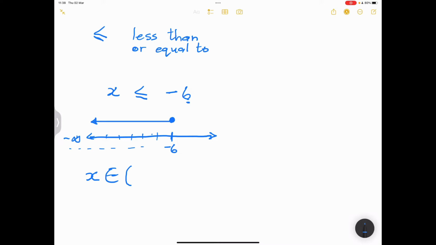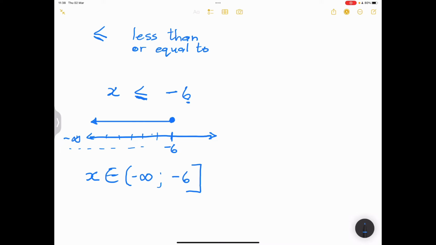We never include -infinity because it isn't a definite value, right? All the way up until -6. Now, please note, because we said less than or equal to -6, it means that -6 is included as part of your solution, and so as a result, we use a square bracket for that.